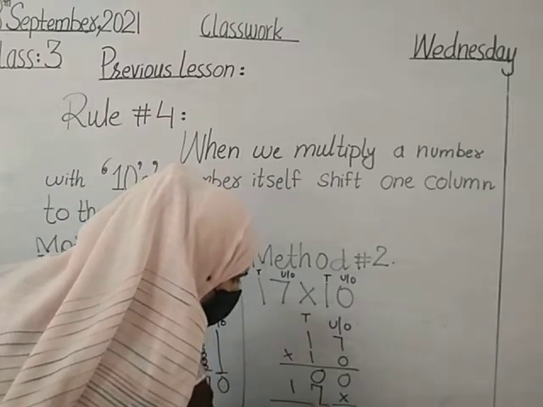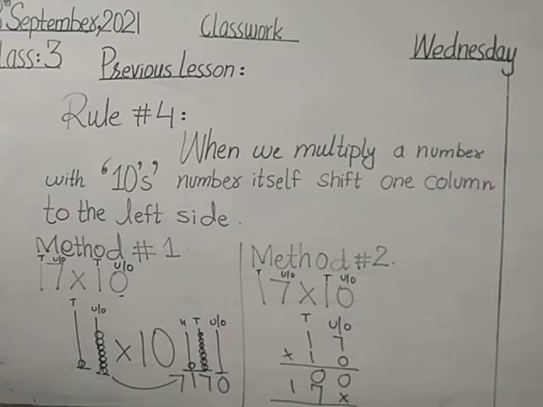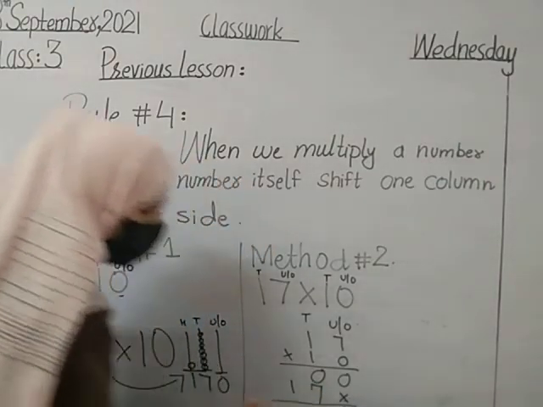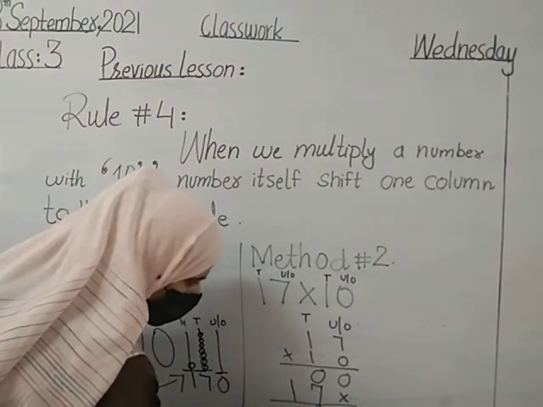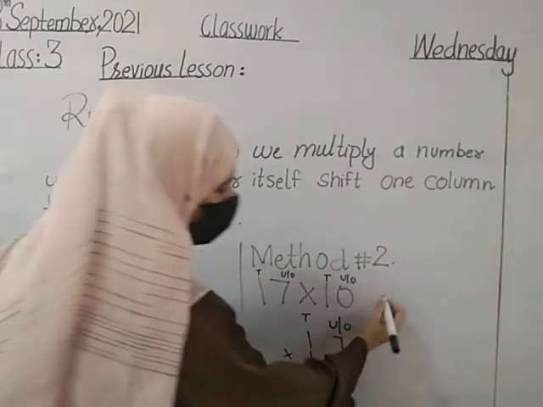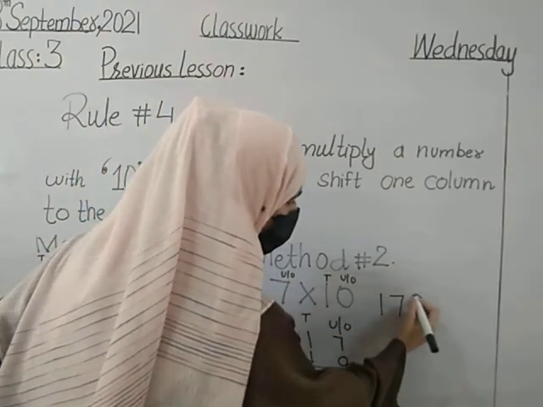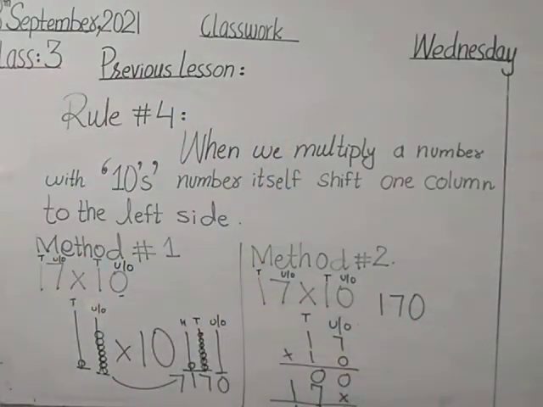Now add the numbers. 0 plus 0 is equal to 0. 0 plus 7 is equal to 7. 1 means 1. So the answer is 1770.